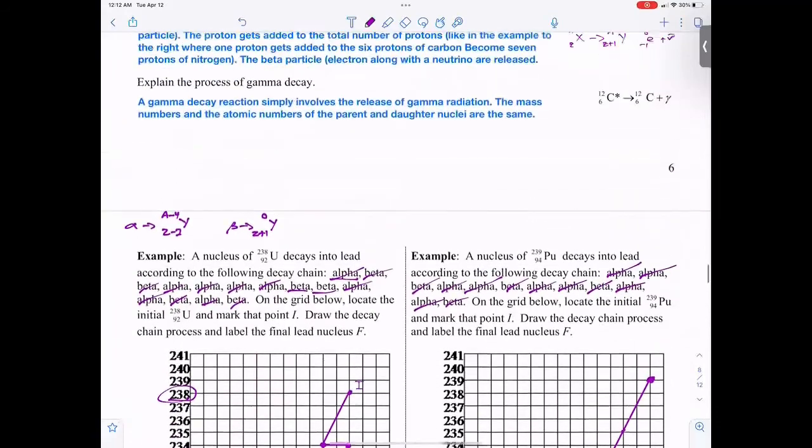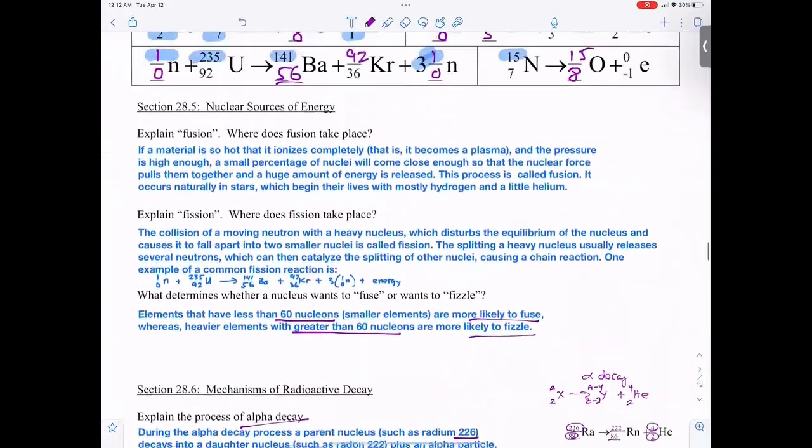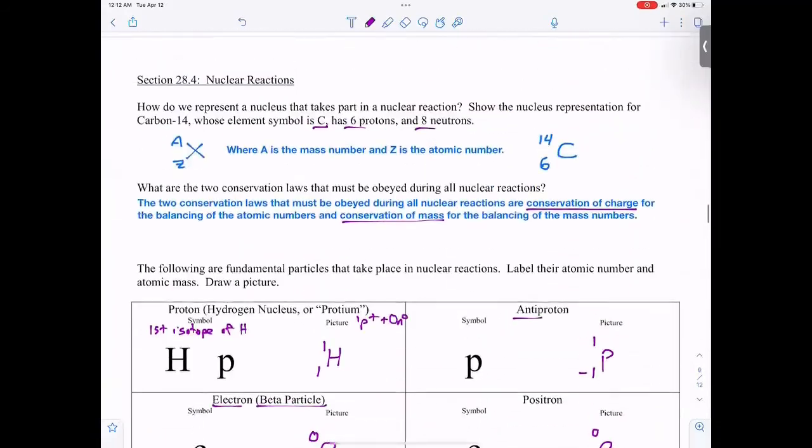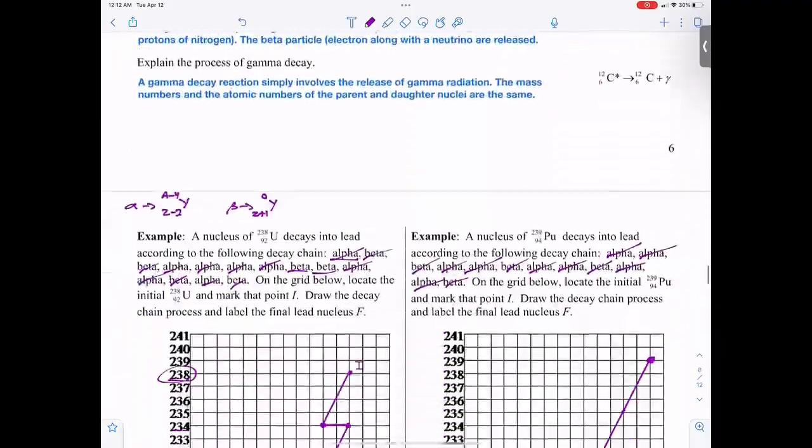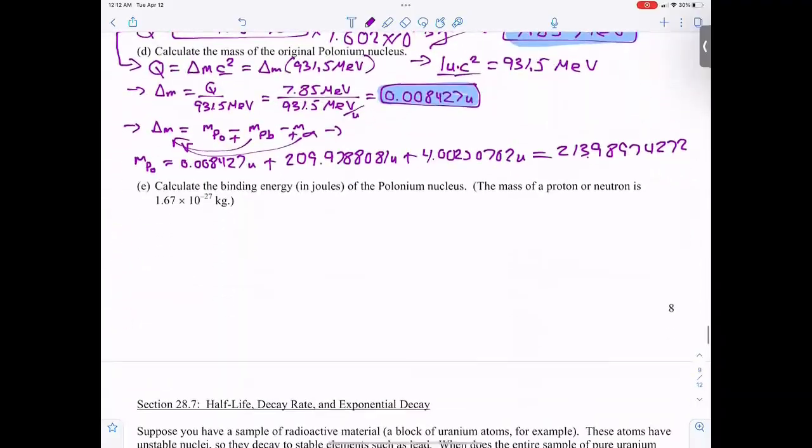Now, if we use the conversion that we saw, where did we write this? We wrote this a little while back. Trying to find, there it is. That one atomic mass unit is 1.660539 times 10 to the negative 27 kilograms. You can convert it. So you can have an answer in atomic mass units like we have right here. That would be fine. And you can have an answer in kilograms.